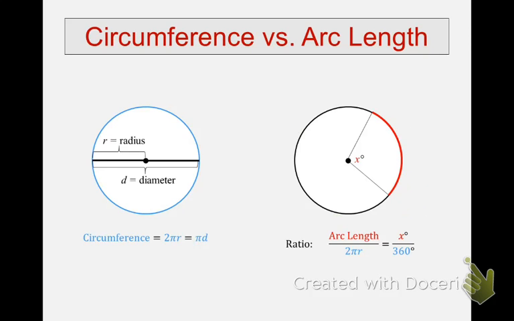Does that make sense? Right? So if I told you that I had an arc length of 16 and the whole entire circumference is 48, how much of the circle does that one chunk make up? If the section is 16 and the whole circumference is 48.